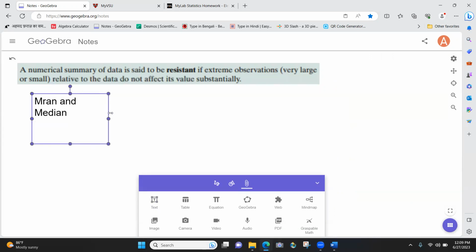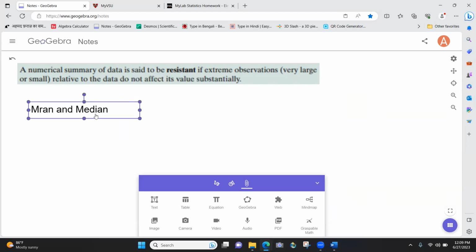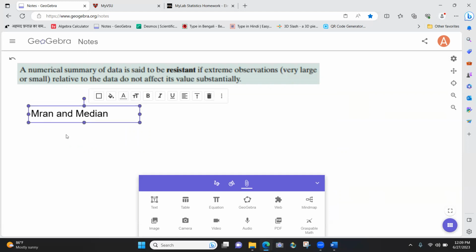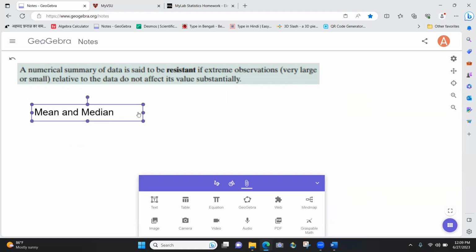These are also called numerical summaries. These are examples of numerical summaries. Mean and median.